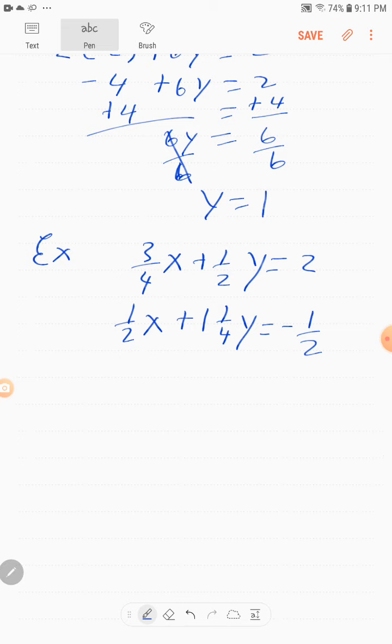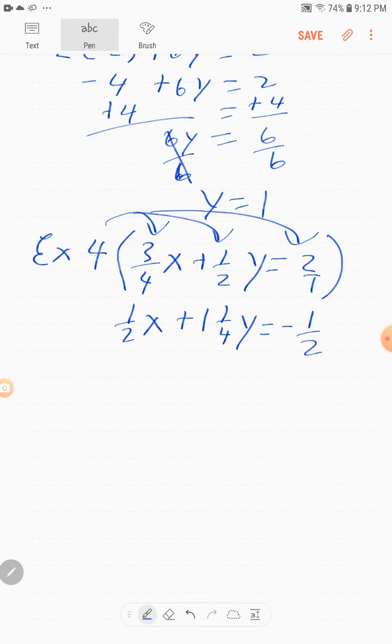So look at the first equation, and to clear this out and to get rid of all our fractions, we could just multiply by the LCD. So we're going to multiply by the LCD of 4. So multiplying each term here by 4.